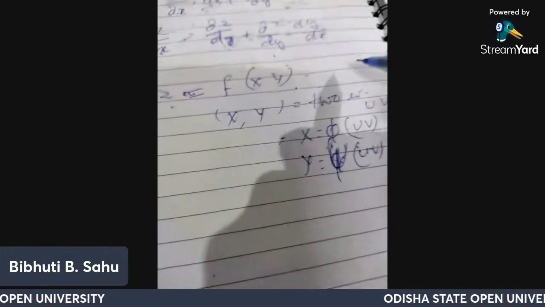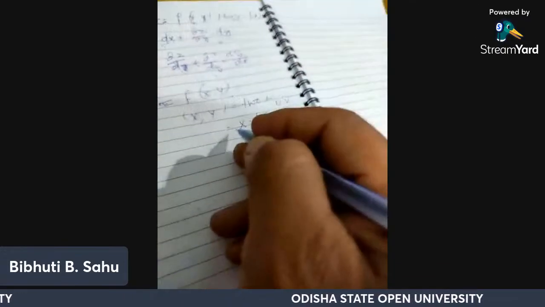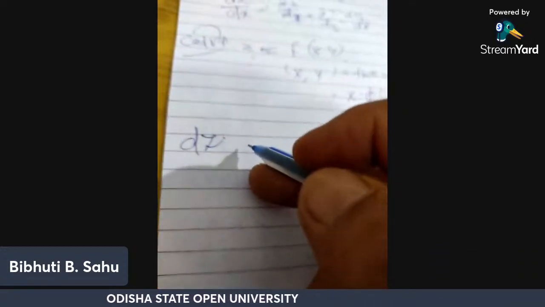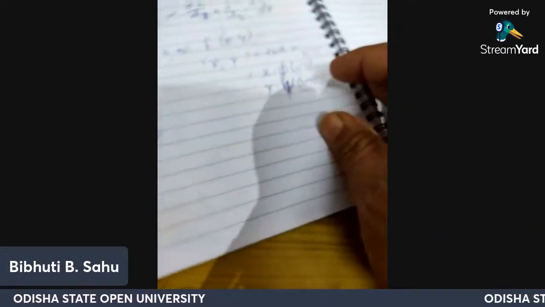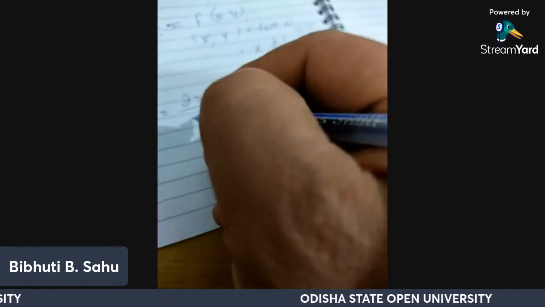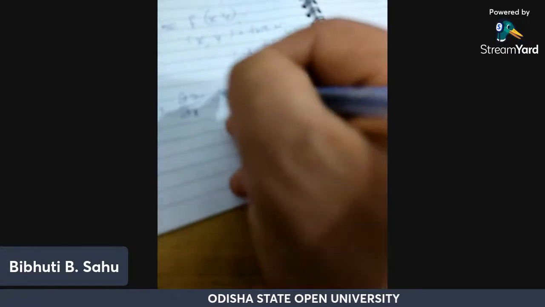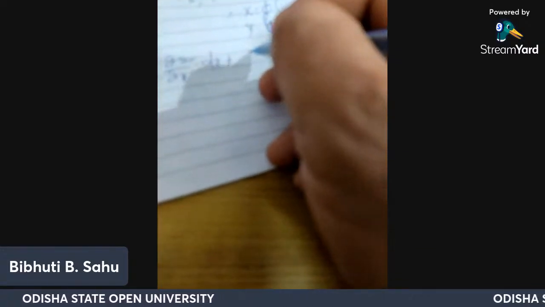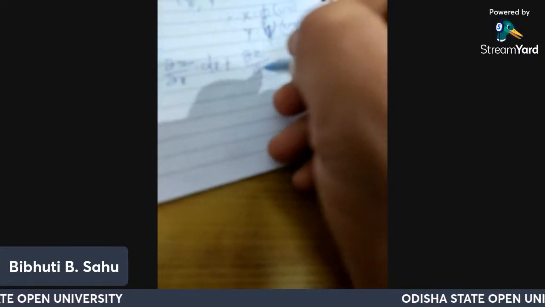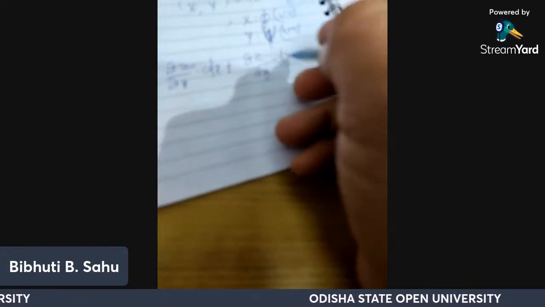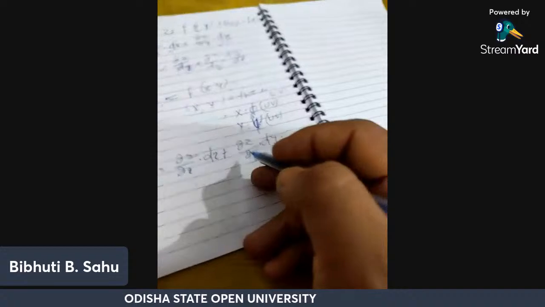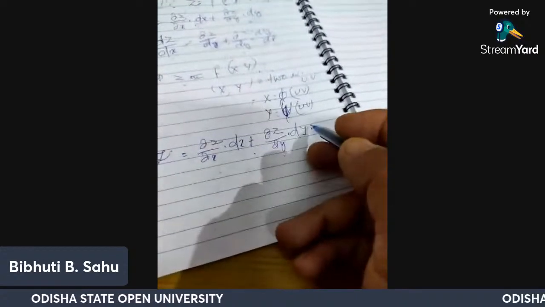If we know the partial derivatives, then the total differential dz is equal to del z by del x into dx plus del z by del y into dy.